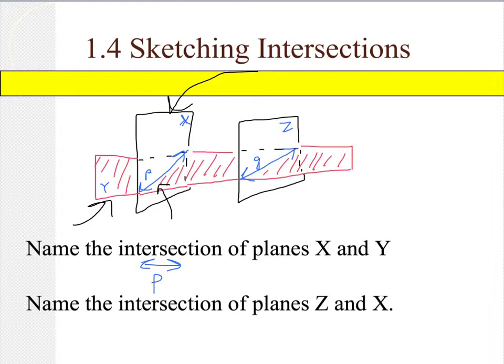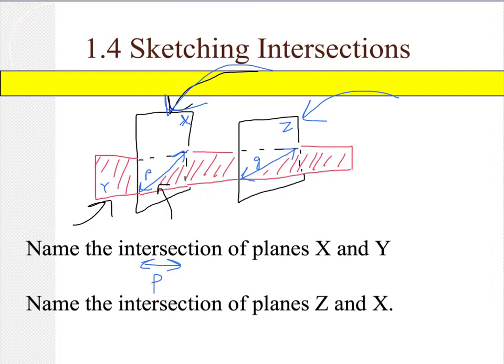Now, the next question says name the intersection of Z and X. I see Z is on the right, and we already noticed where X was, so we have the two black planes here, and we're looking for their intersection. Now, if you notice these two, what are they not doing?